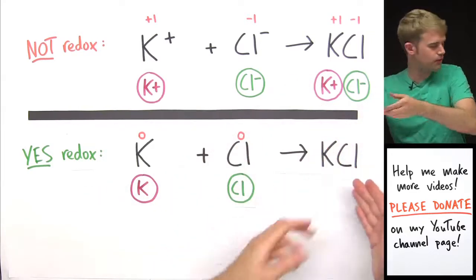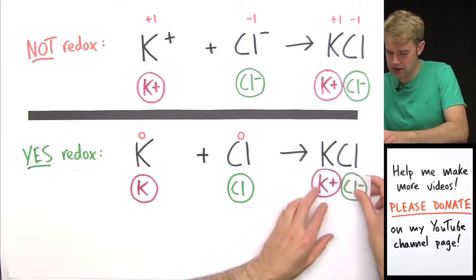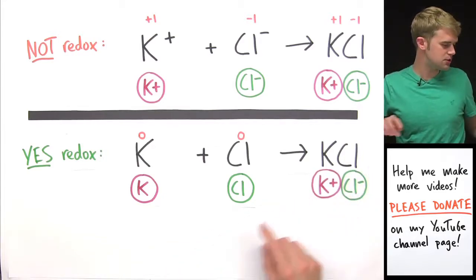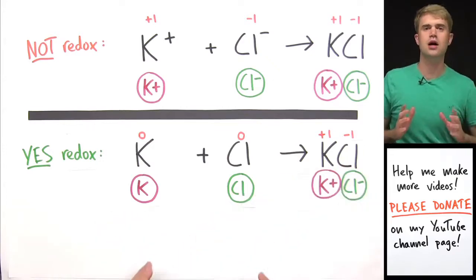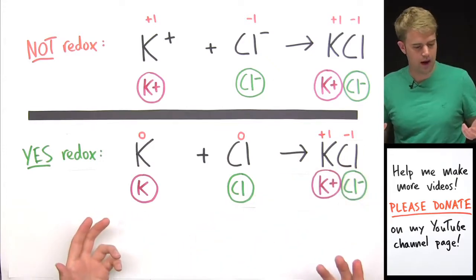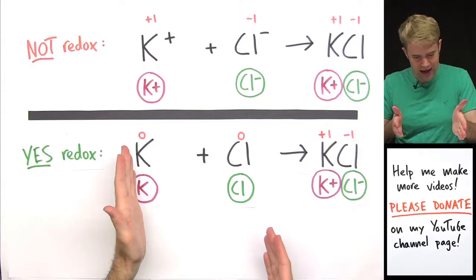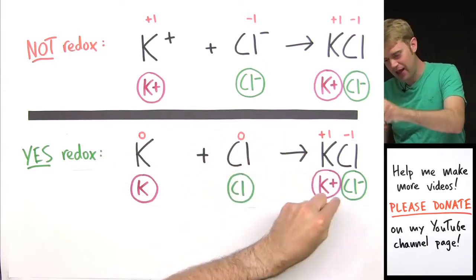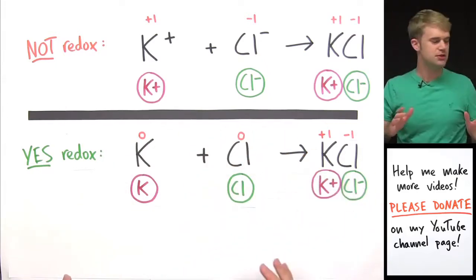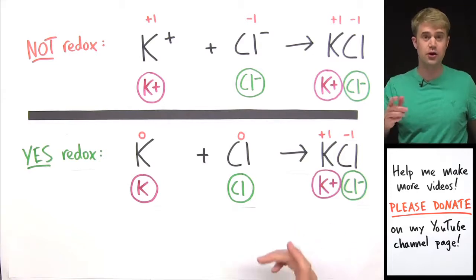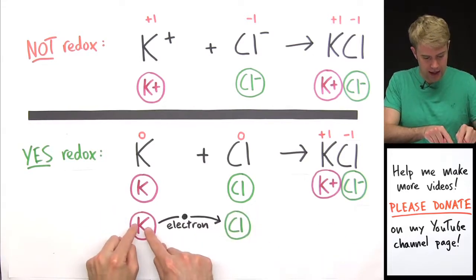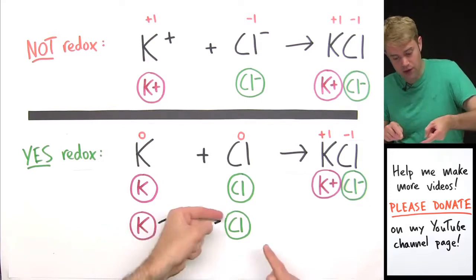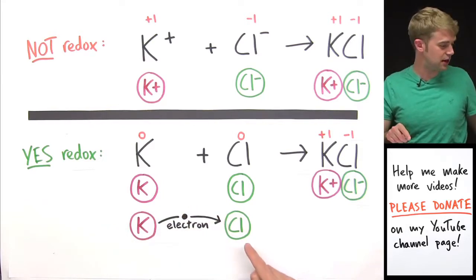And then just like before, KCl is an ionic compound with K+ and Cl-. Here are the charges for those atoms. So, in order for K and Cl to become K+ and Cl-, there has to be a transfer of electrons. So what happens is K, potassium, gives up one of its electrons, it gives it to Cl.